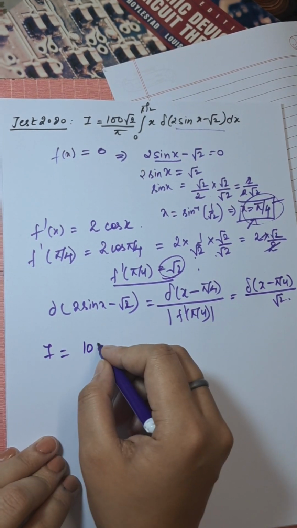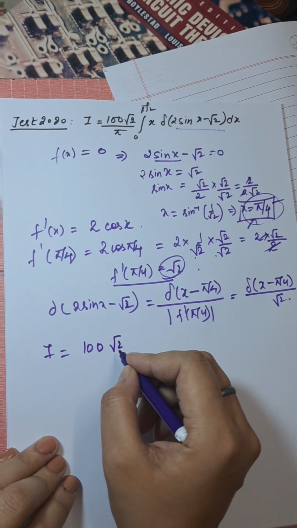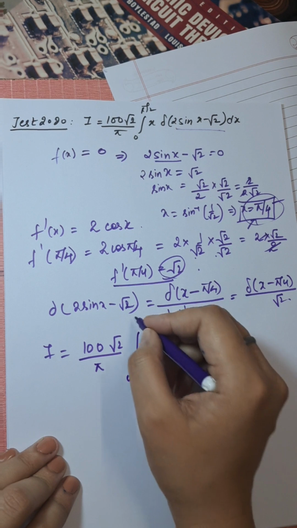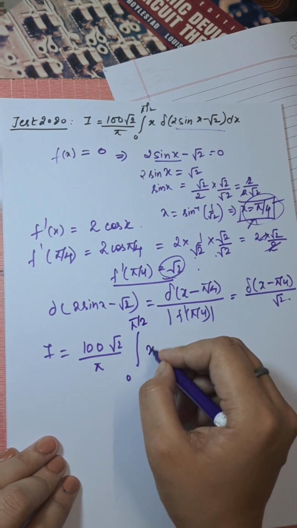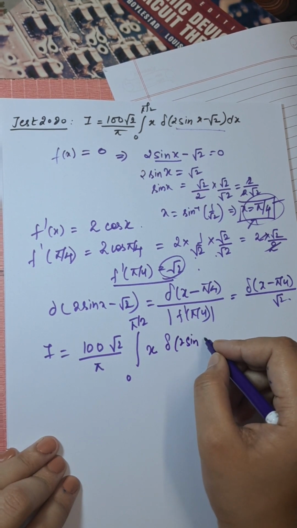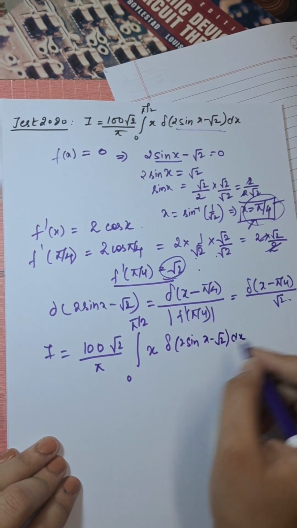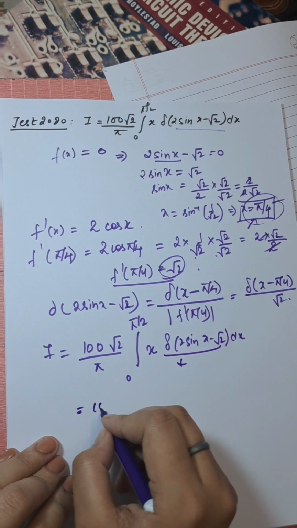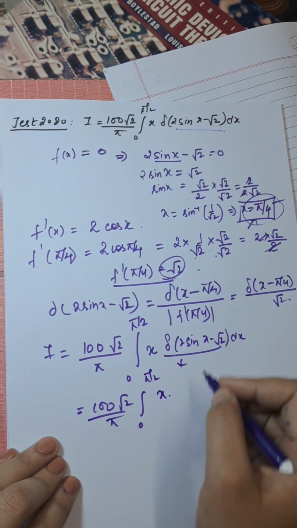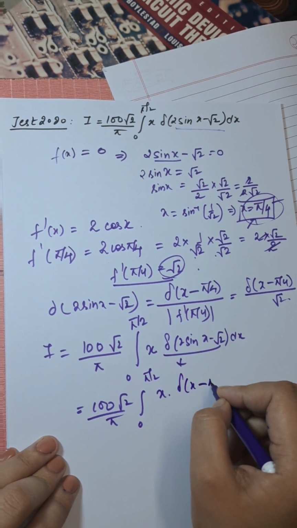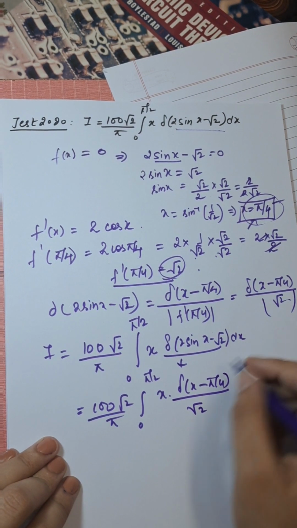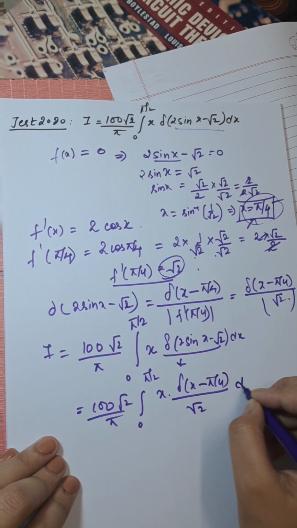So I equals 100 root 2 upon pi, integration limit 0 to pi by 2 of x, which is our function, delta of 2 sin x minus root 2 dx. So it can be written as 100 root 2 upon pi, integral 0 to pi by 2 of x delta of x minus pi by 4 upon root 2, mod of root 2, so we'll get root 2 again, dx.